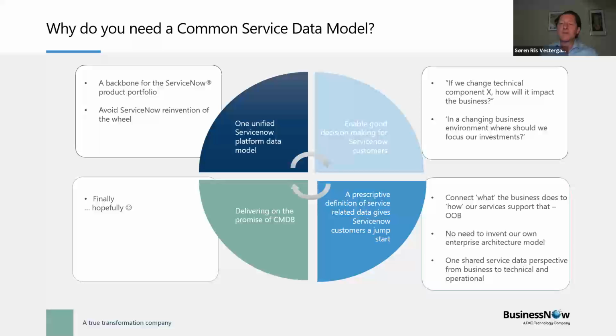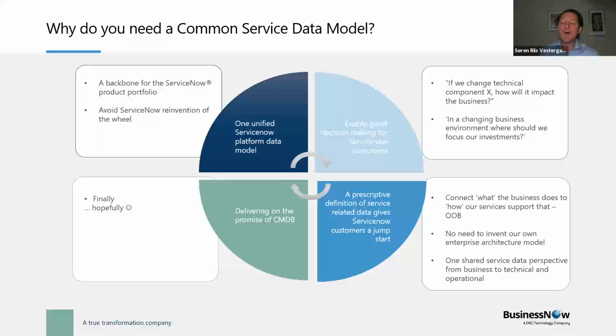So this is a prescriptive definition of service-related data, and it will give ServiceNow customers a jump start, because it connects what the business actually does to how our services, our HR, IT, whatever services support the business. And it's out of the box. It comes sort of automatically if you adhere to the data model. So there's no need to invent a freestanding enterprise architecture model.